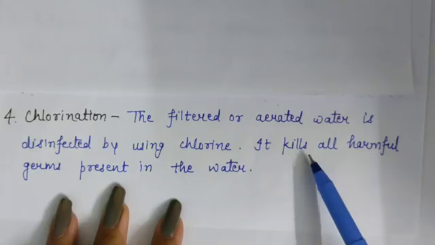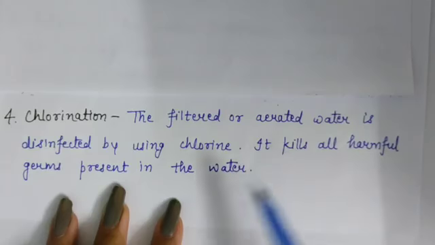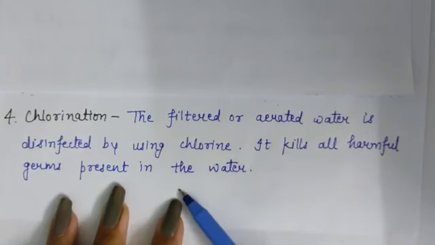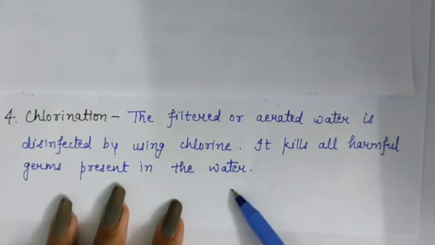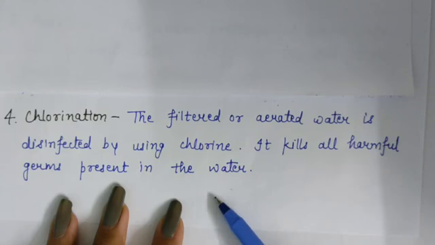Means it also kills the remaining harmful germs present in the water. Okay. And after these 4 steps, water is then supplied to houses through a network of pipes. So in this way, the water treatment plant helps to clean water. Okay. And then clean water is sent to homes through a network of pipes.